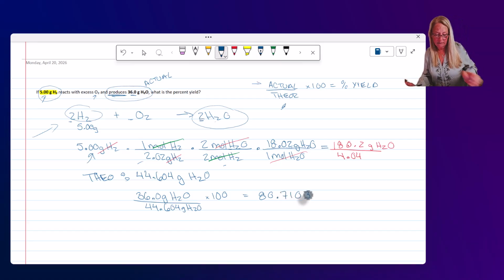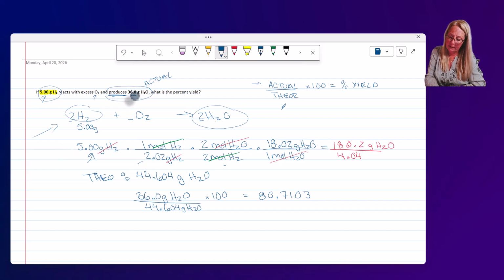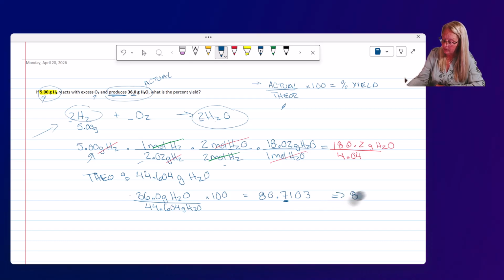Now let's talk sig figs. I have 3 sig figs here, 3 sig figs here, so that's 3 sig figs. So that means my fewest numbers, they're all 3s, so it kind of doesn't matter. So our final answer will be 80.7% yield. It's pretty high.